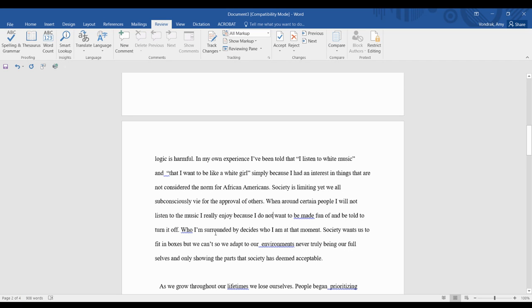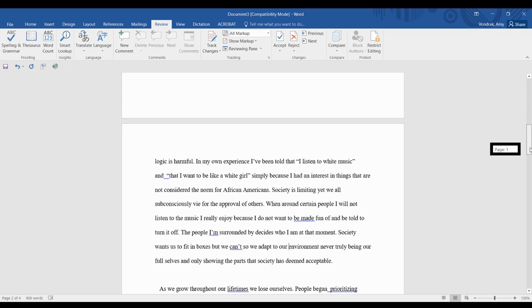Who I'm surrounded by decides who I am at that moment. Society wants to fit us in boxes, but we can't, so we adapt to our environment, never truly being ourselves and showing the parts society has deemed acceptable. So there, I fixed the errors.